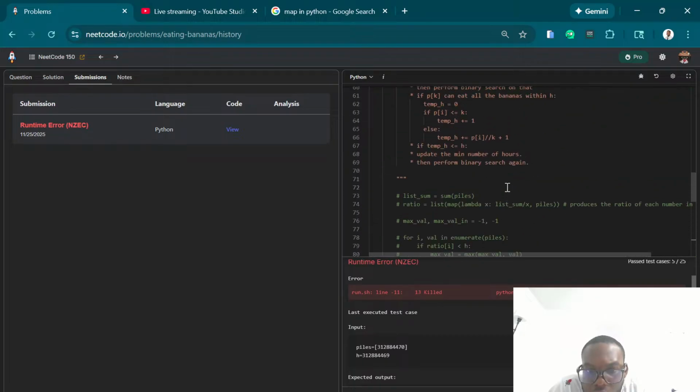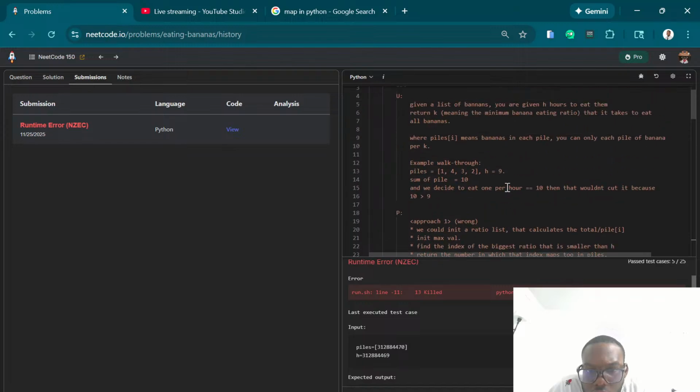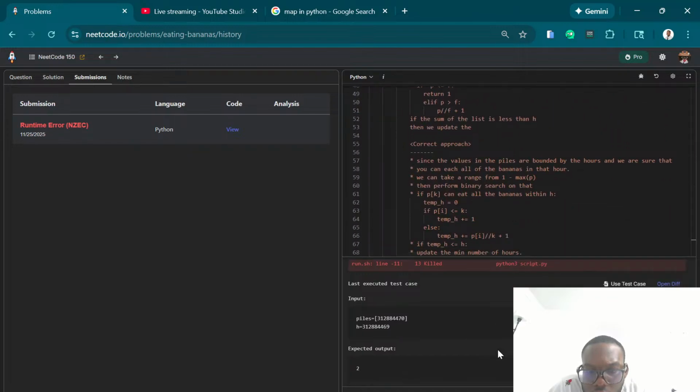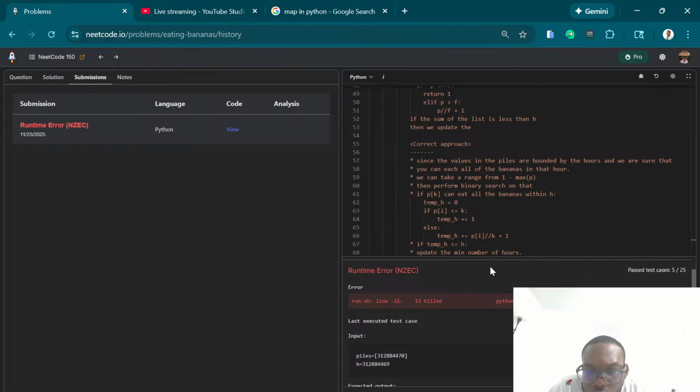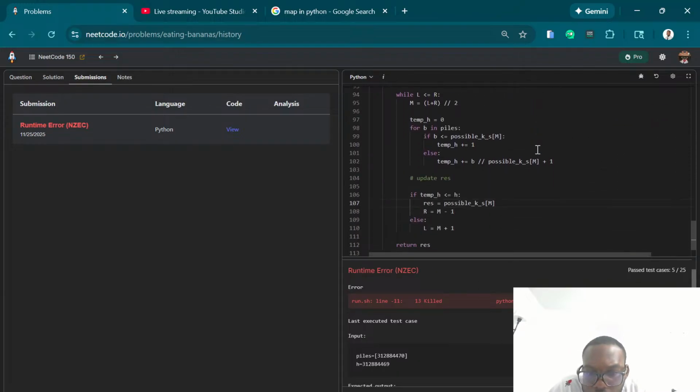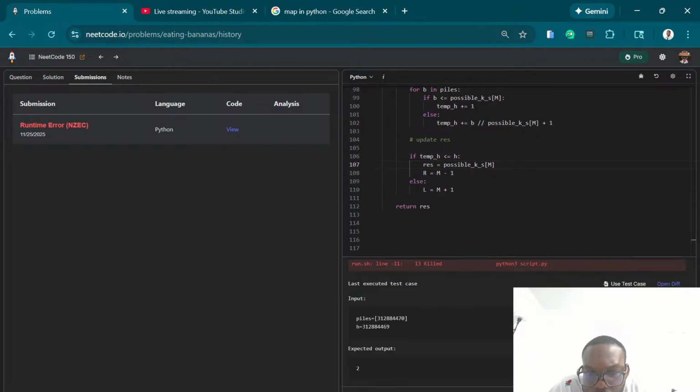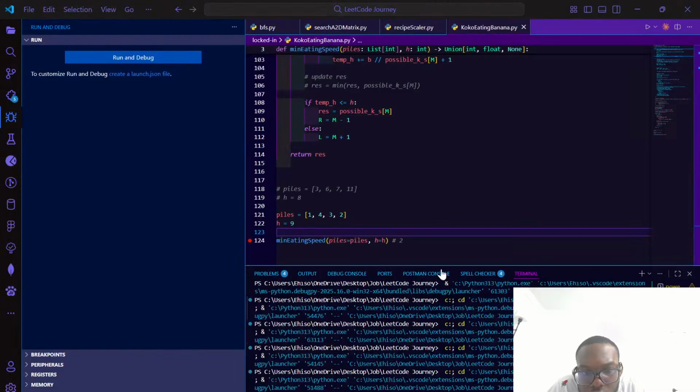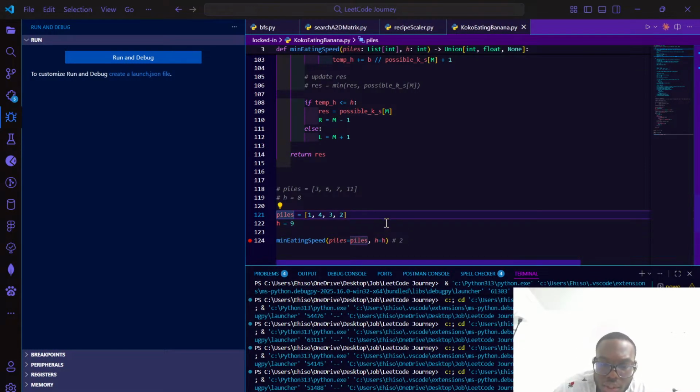Line 11. Good. Runtime error. What the heck?